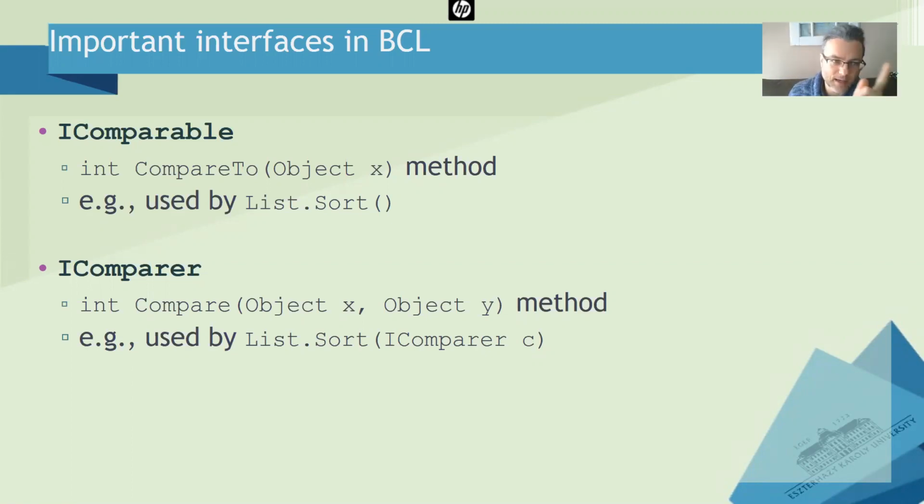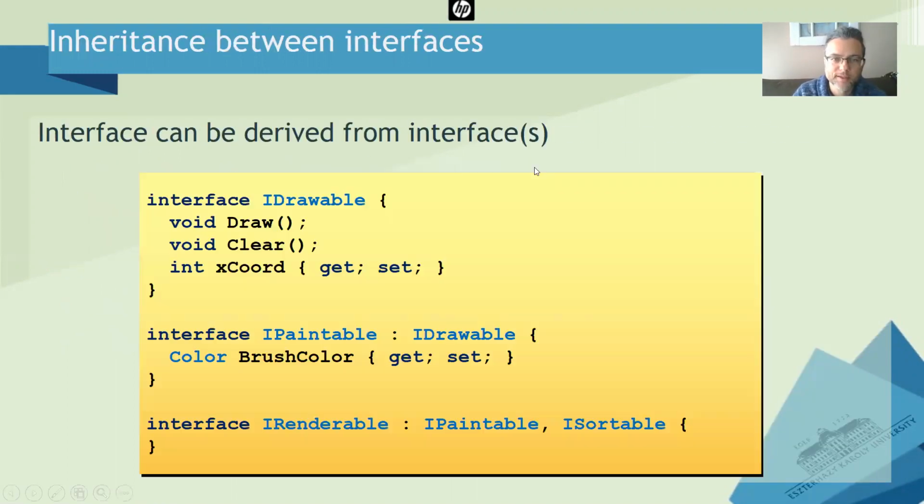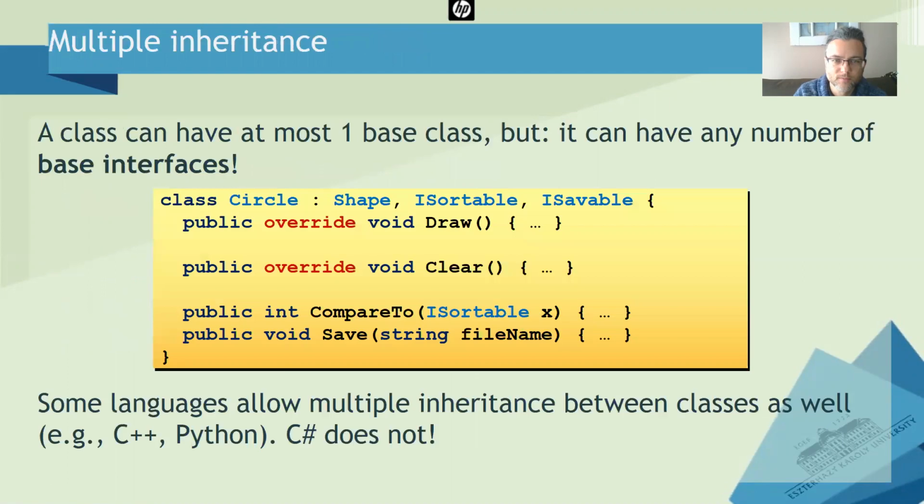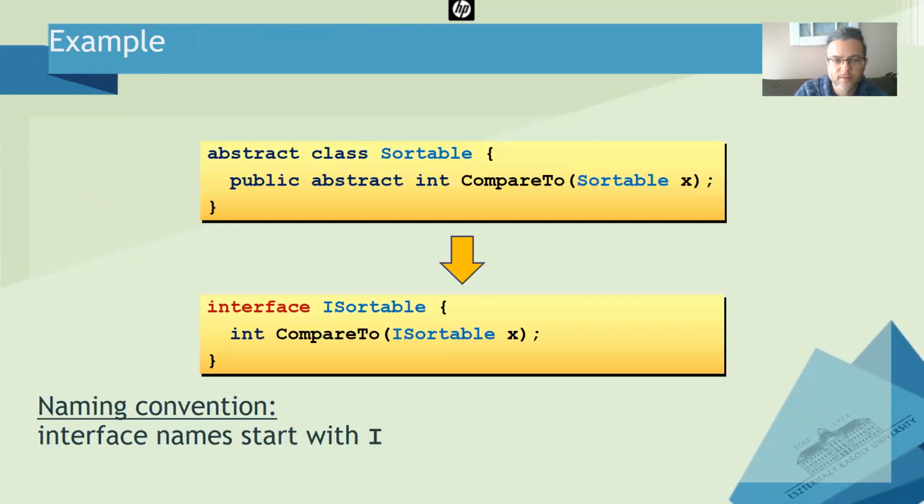Let's start with IComparable. IComparable contains only one method, CompareTo. I hope this is familiar. I already implemented such an interface, this interface here, ISortable, with this kind of method.